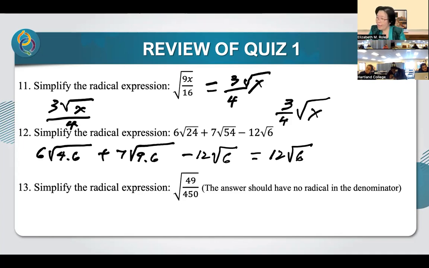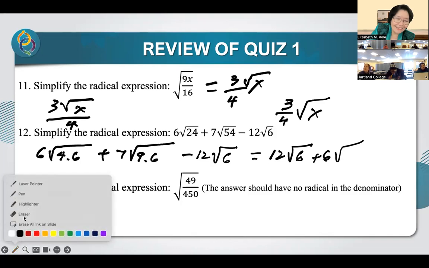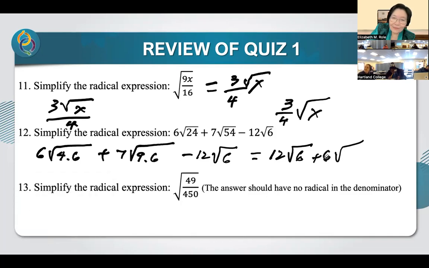The square root of 9 is 3. So you multiply that now by 6, 3 times 2 is 6. I'm sorry, 3 times 7 is 21. I am looking at 6. Okay, let me erase. This one is 21.